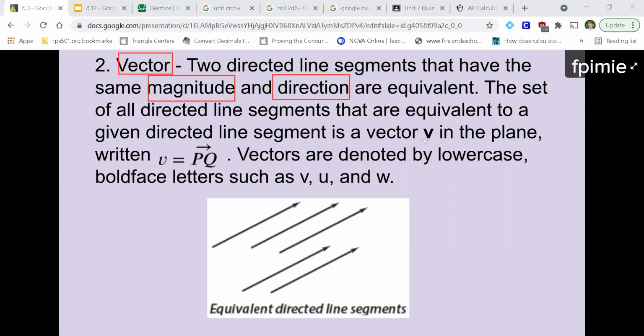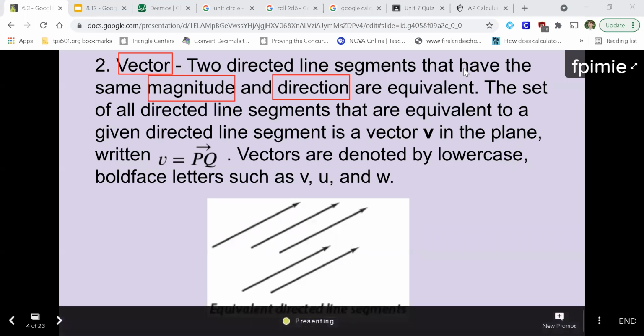A vector is sometimes also denoted with other letters, like U and W generally are the most common ones. And they're usually bolded like they are here. So a vector, again, is just a mathematical object that has both magnitude and direction and can represent any line segment that has those same quantities.